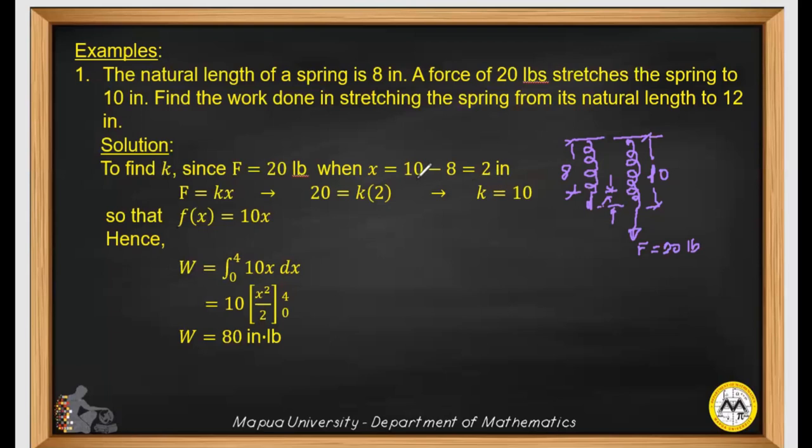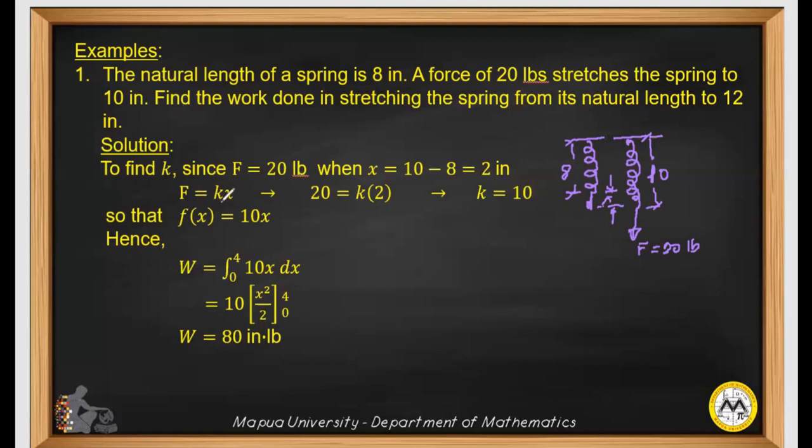So x is equal to 10, the length of the spring after applying the force of 20 pounds, minus the natural length 8, which will give us 2 inches. Now, according to Hooke's law, the force applied is proportional to the elongation, or the force applied is equal to K times X, where K is the constant of proportionality.